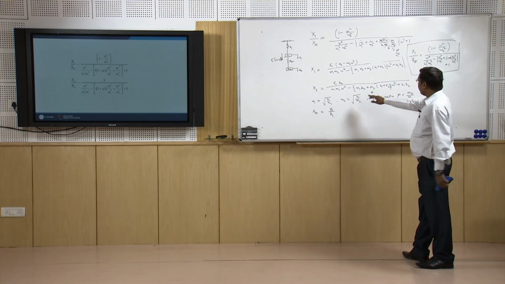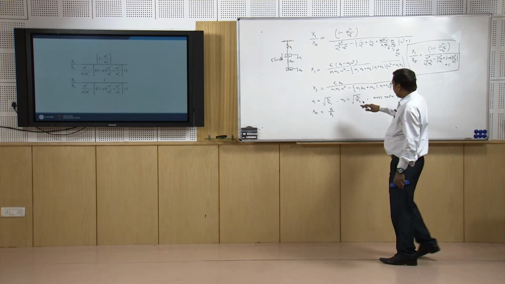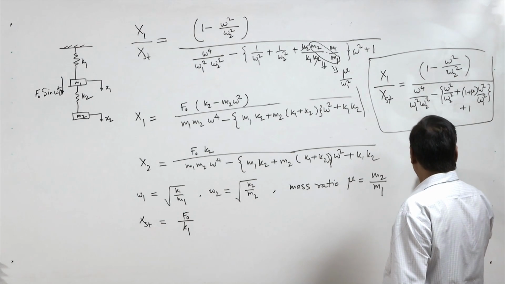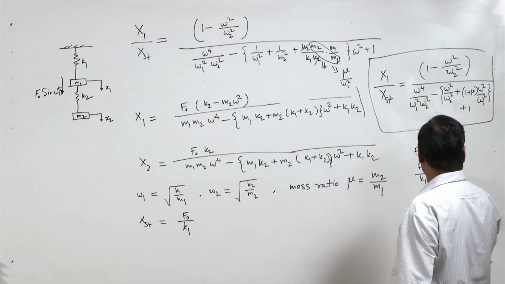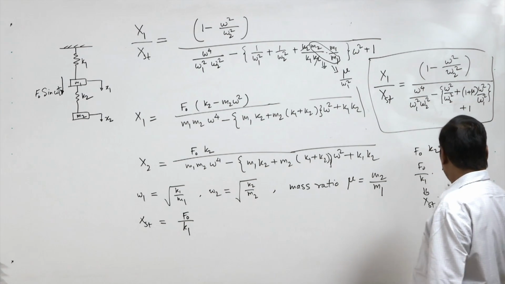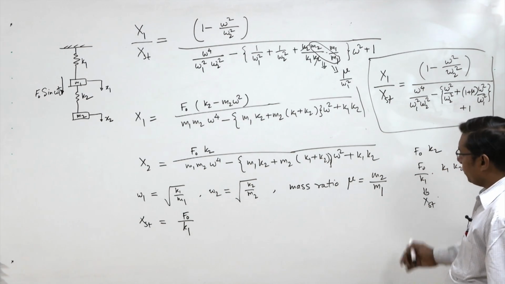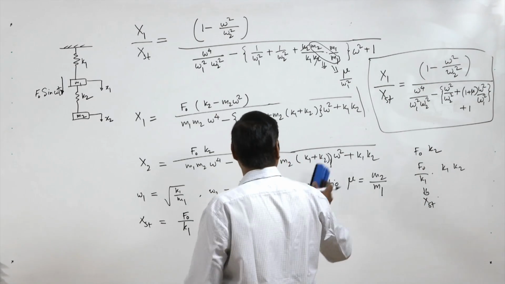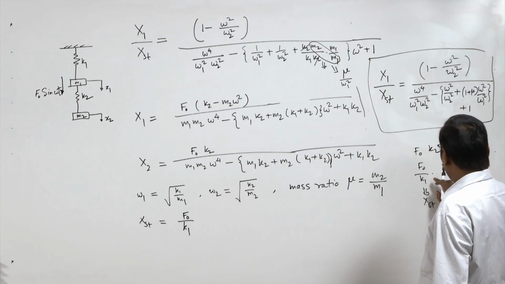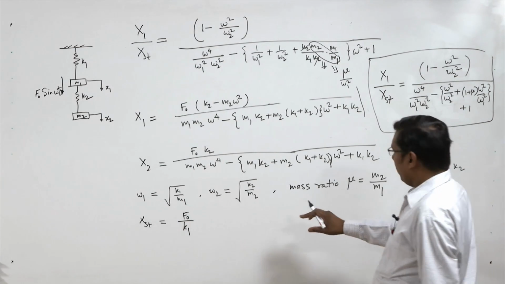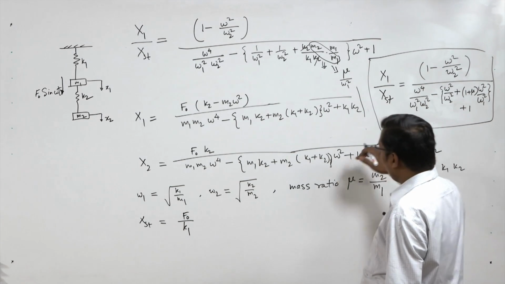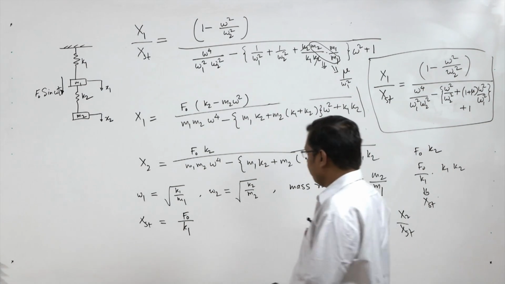Similarly, we can write x2 in this form. So F0 k2 we can write like F0 by k1 into k1 k2. So F0 by k1 is x st, and k1 k2 we can divide into the denominator terms. So we will have the same denominator term, but because x st will go, we write x2 by x st. In the numerator there will be 1.